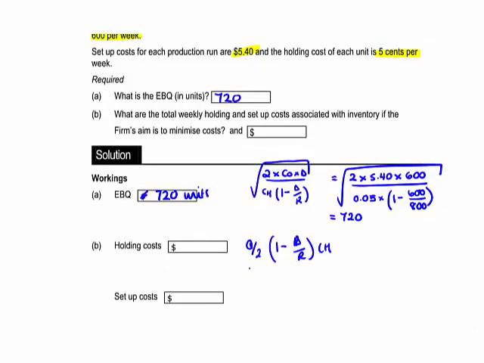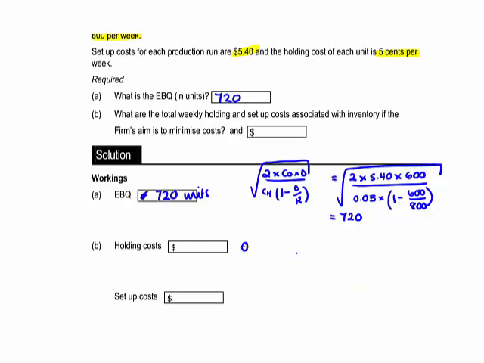So the average quantity here is going to be 720 divided by 2 multiplied by 1 minus 600 over 800, multiplied by the cost of holding 1 cake for 1 week. The holding costs are $18.